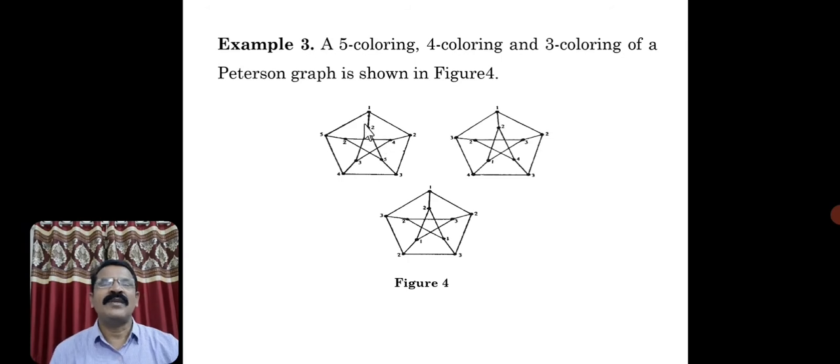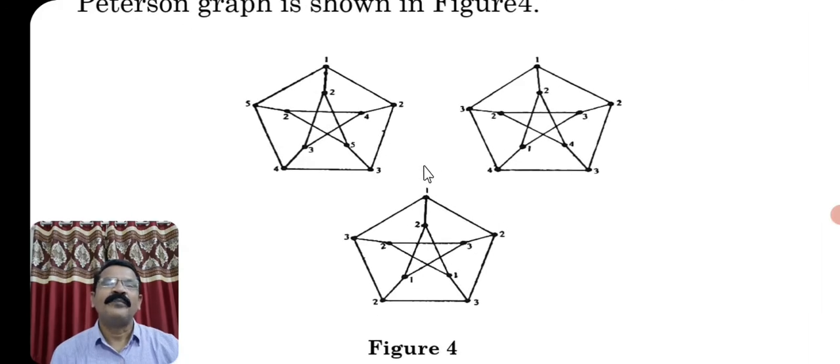Okay, so now you can see the difference between these three graphs, how we have colored. So you can see the first graph. Letters are very small, but you can see we have used only three colors.